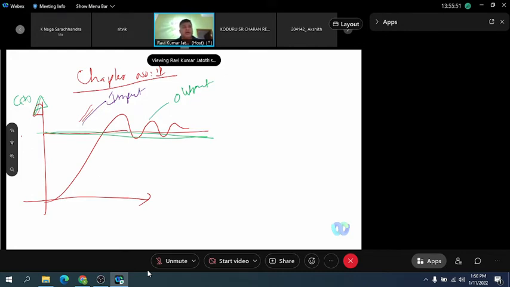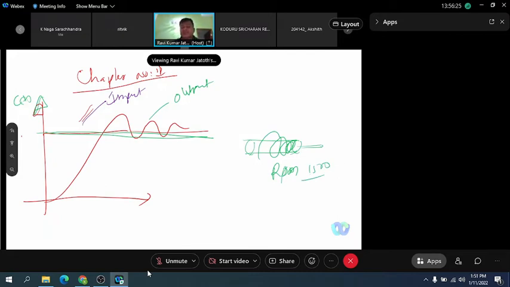Now, let us take the same example, the DC motor case. There is a DC motor which is attached to a shaft. The moment I switch on the motor, the rotor has to achieve 1500 RPM.